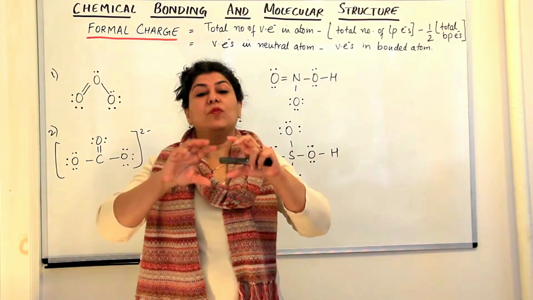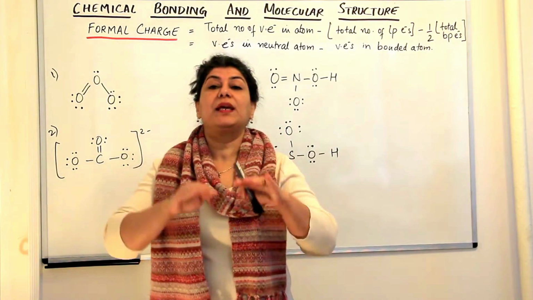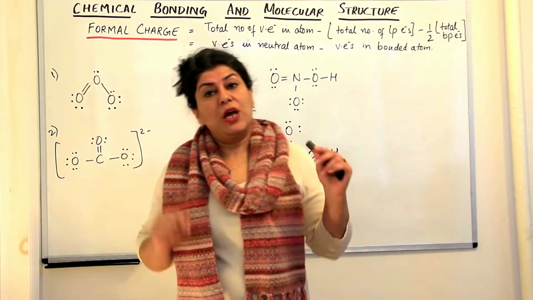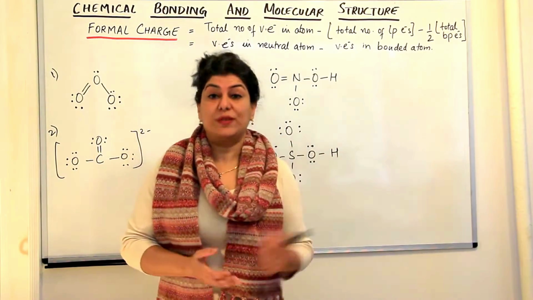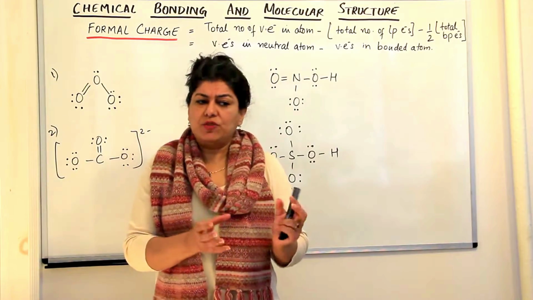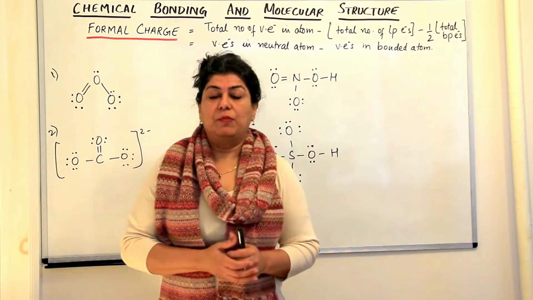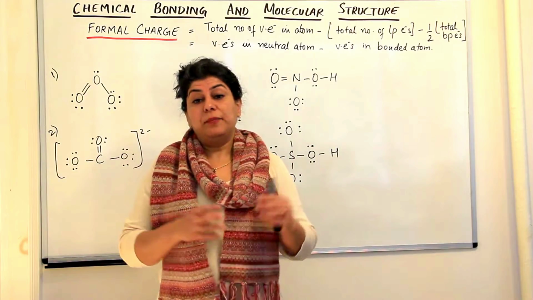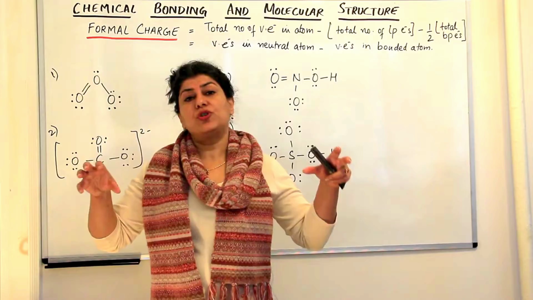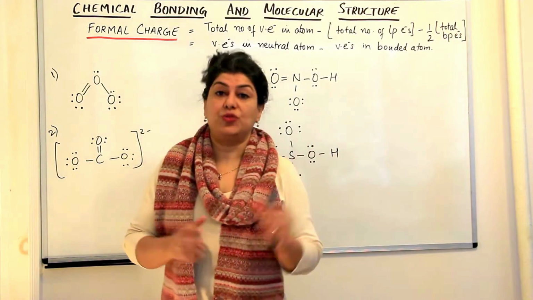But when we actually proceed to making the Lewis structures of molecules, we find that for some molecules it's possible to make more than one Lewis structure, which seems to justify the molecule and all the atoms. But yet, which one out of those Lewis structures should we choose?